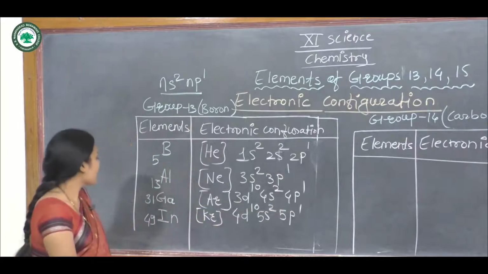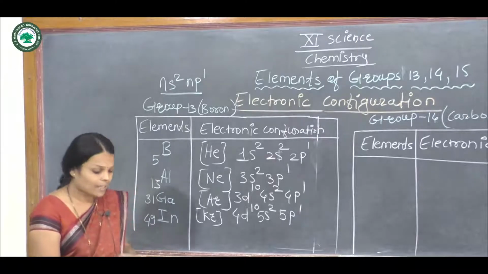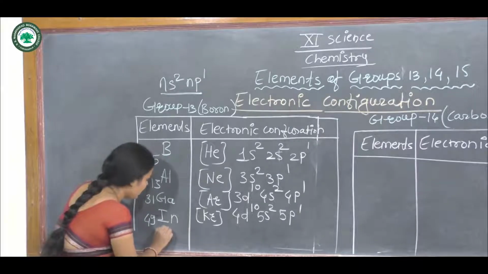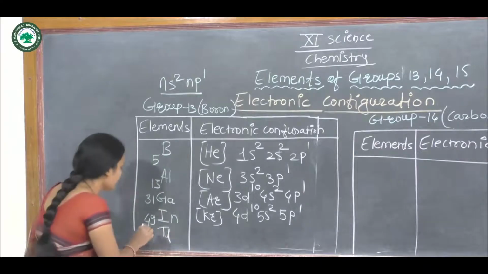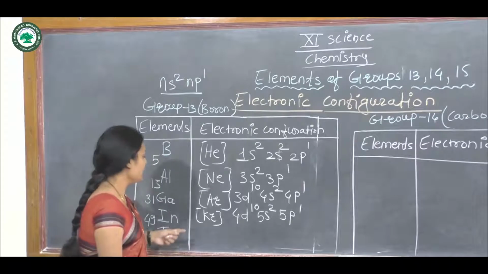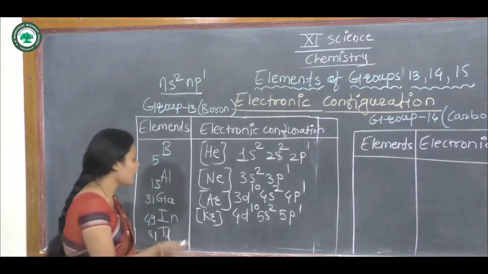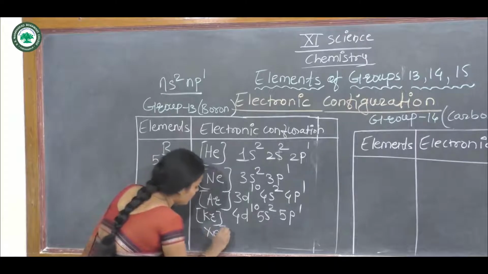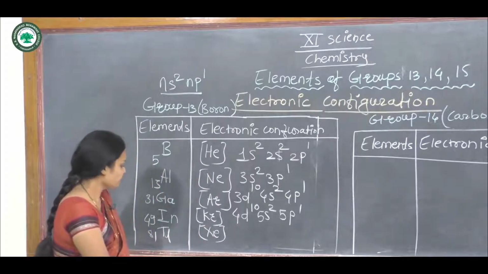Now the next and last element in the boron family is thallium, Tl, and its atomic number is 81. Here is krypton, and the next noble gas after krypton is xenon, whose atomic number is 54.